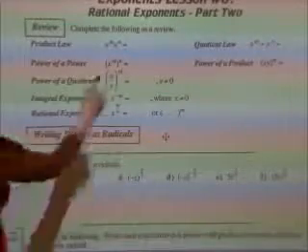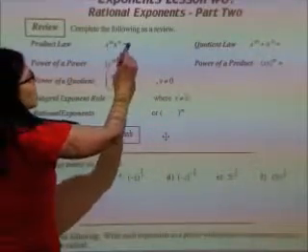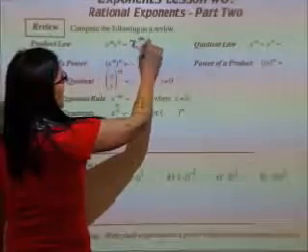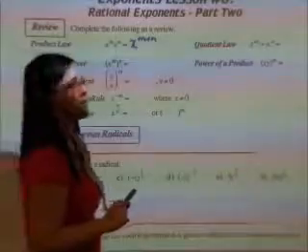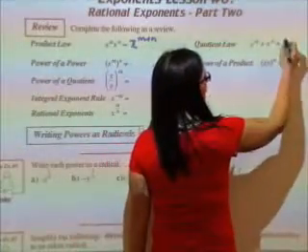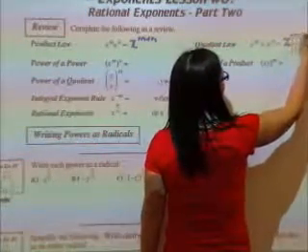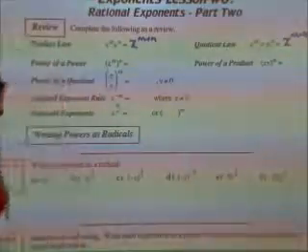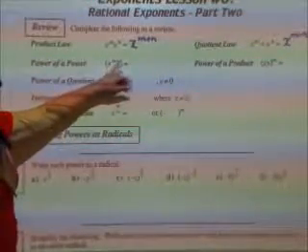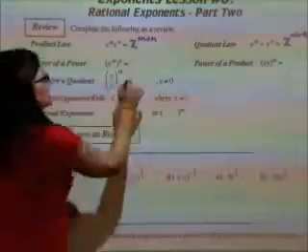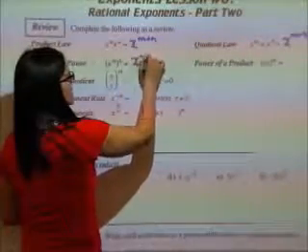If we look at the product law, it states if the bases are the same and I'm multiplying them, I can add the exponents. The quotient law says if the bases are the same, I can subtract the exponents. The power of a power law says if I raise a power to another power, it's the same as multiplying the exponents.